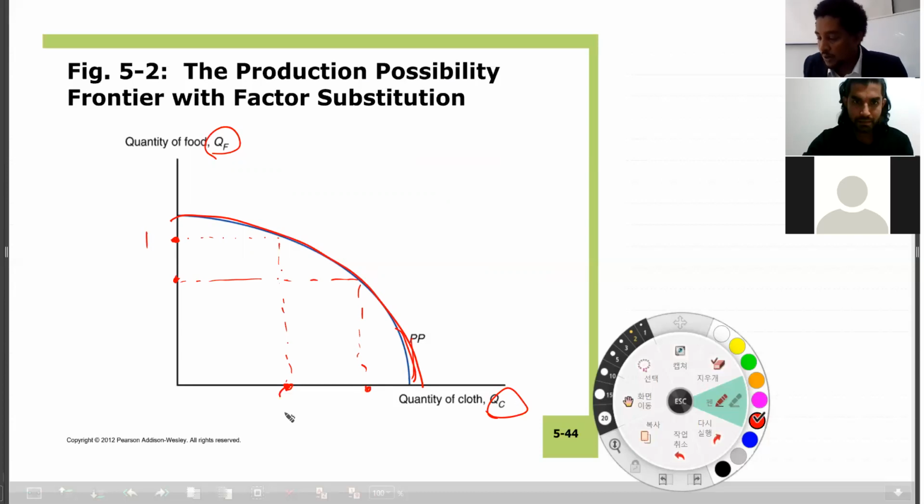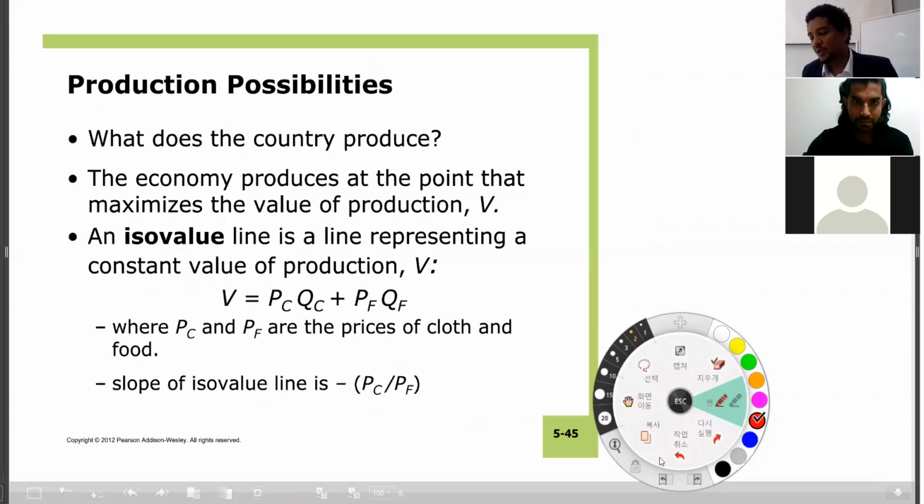So when we decrease the production of food, we increase the production of clothes, okay? This is what it shows. Then the opportunity cost of producing more clothes becomes decreasing and decreasing, okay? So what does the country produce? The economy produces at the point that maximizes the value of production.